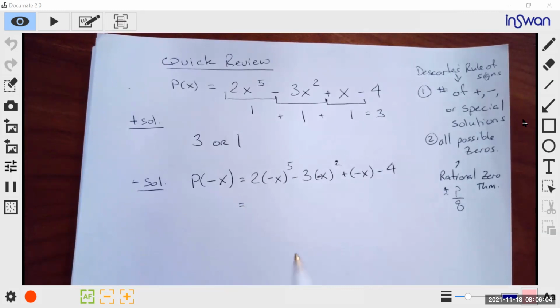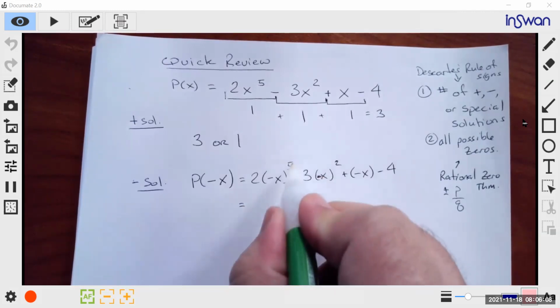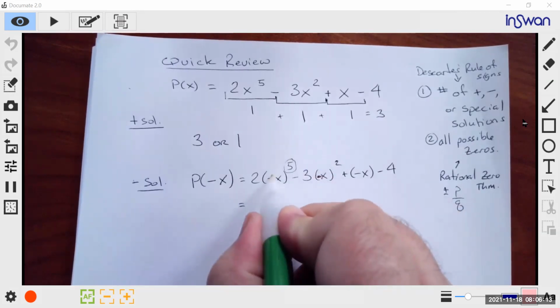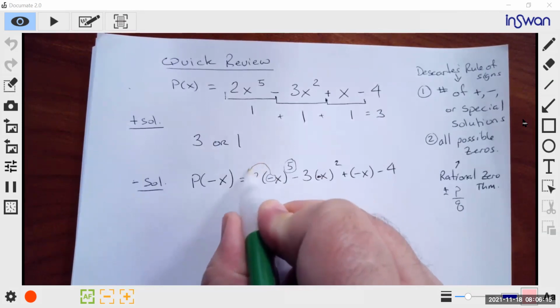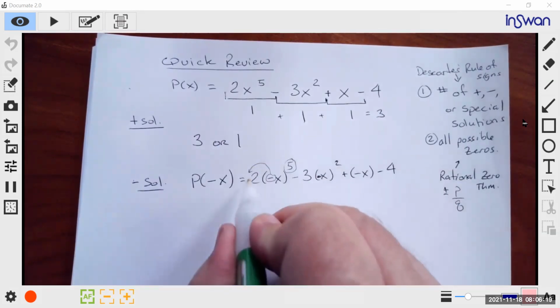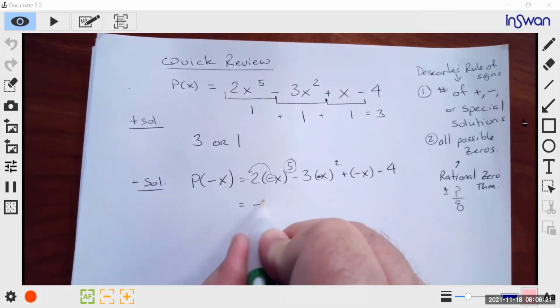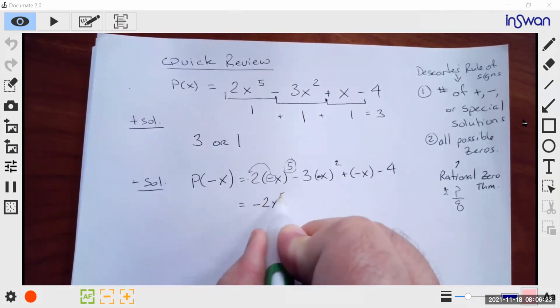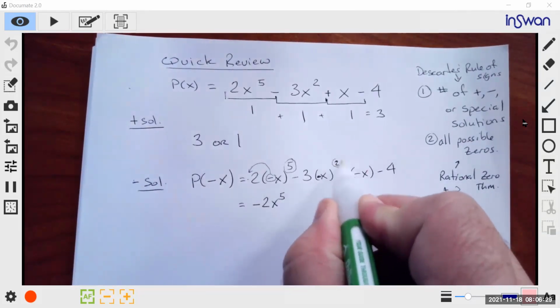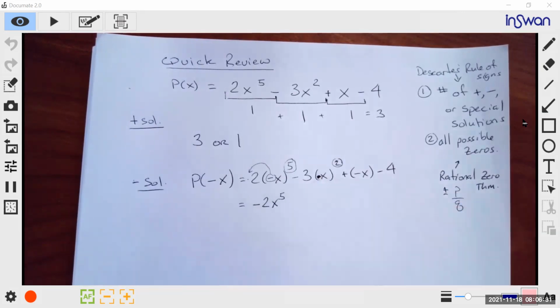Now, the only ones we have to worry about are the odd exponents. If the exponent is odd, that negative multiplies by the sign in front of the coefficient. So positive times negative is negative. If it's even, don't worry about it. Just erase that negative sign inside parentheses.